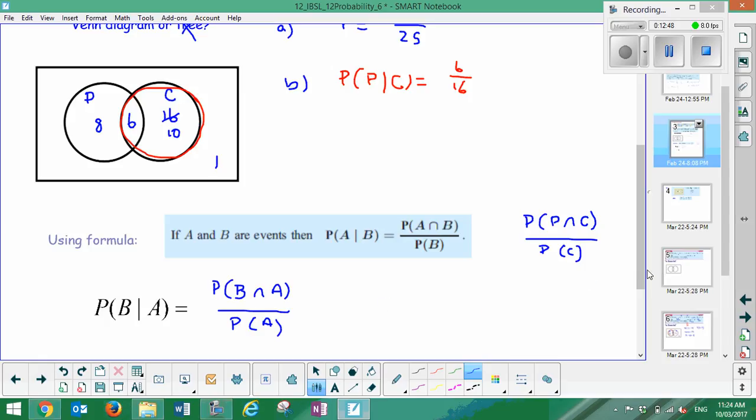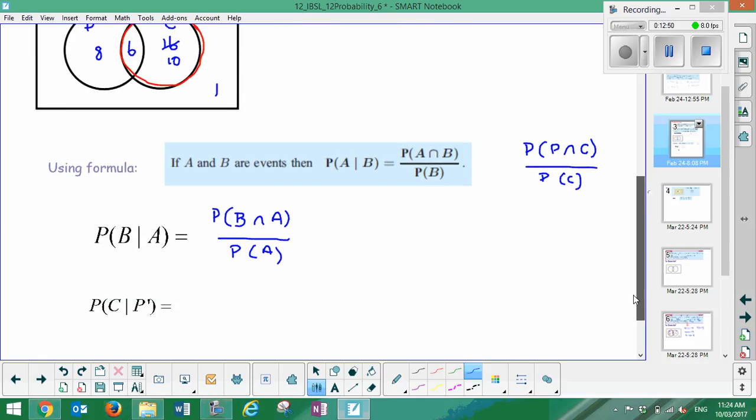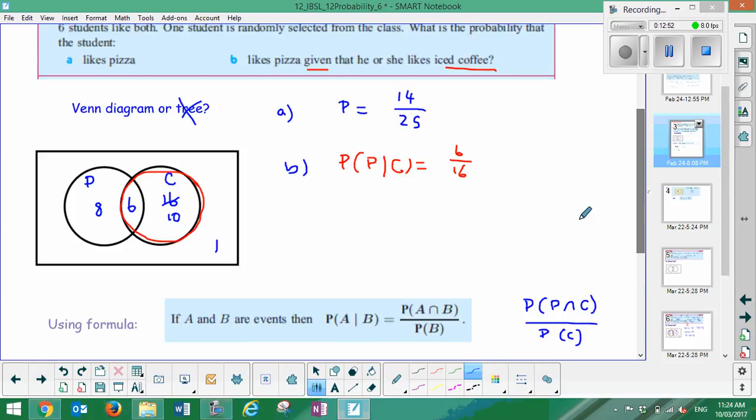All right. Can I just do up here, we worked out the probability by the number. In this case, we did the number of P and C divided by the number. We could have done it from probabilities. So we could have said, what's the probability of getting pizza and coffee?